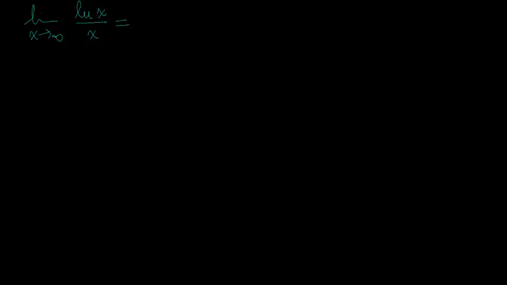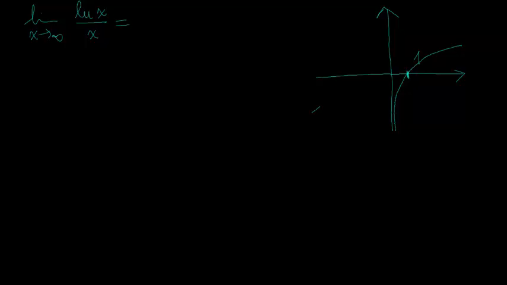Let's say the limit as x goes to infinity of ln of x over x. So the question now appears, what is ln of infinity? Well, let's recall its graph. It's really important you remember the graph of e to the x and the graph of ln of x. Namely, it goes through the point of coordinates 1 and 0, and it shoots up to infinity, however, very, very slowly, as it's the inverse function of e to the x.